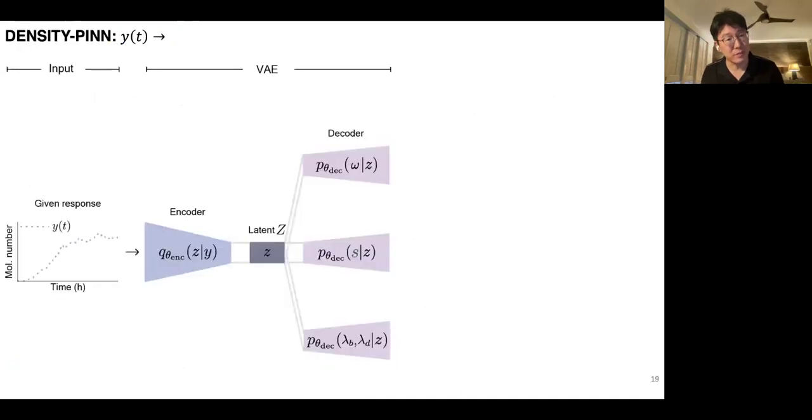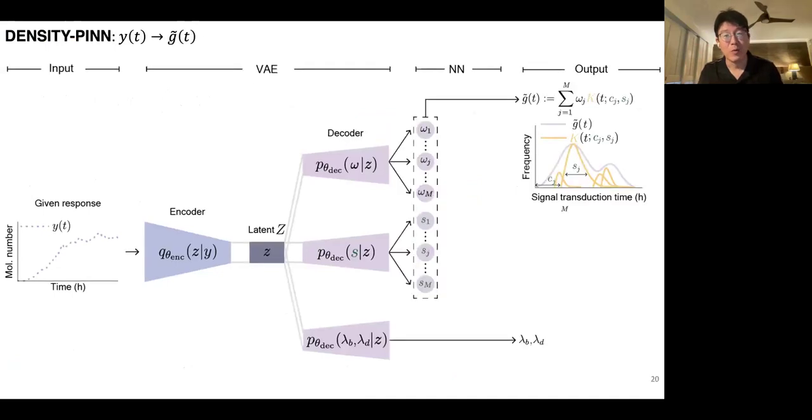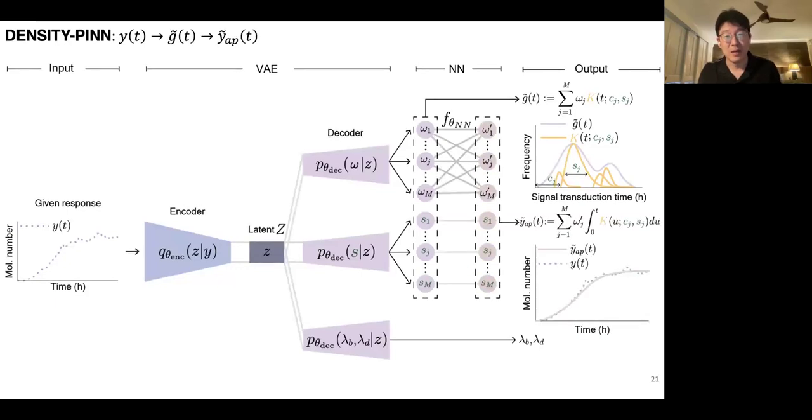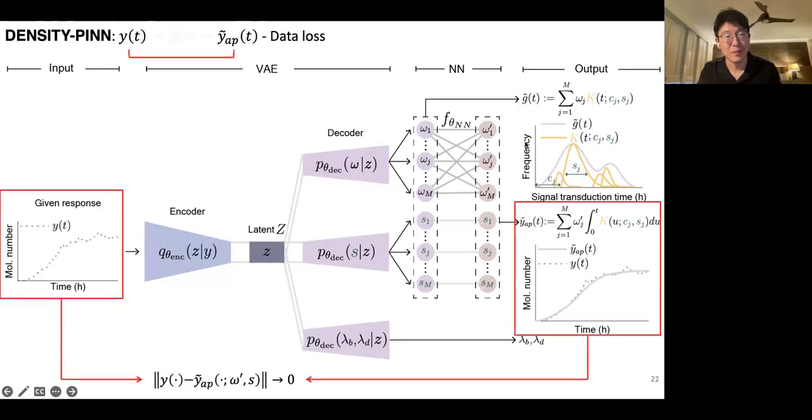So in summary, from the time series of Y(t), using the variational autoencoder, we will infer G tilde. And then using another neural network, we will make a Y tilde approximation from this estimated time delay distribution G tilde.